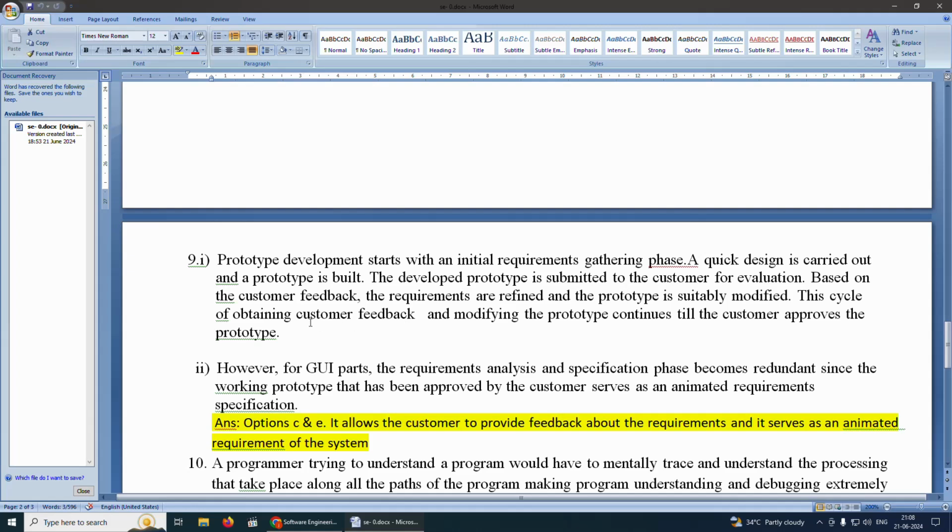This cycle continues till the customer approves the prototype. Second point, for GUI parts, the requirements analysis and specification phase becomes redundant since the working prototype approved by the customer serves as an animated requirements specification. So the answer is options C and E.